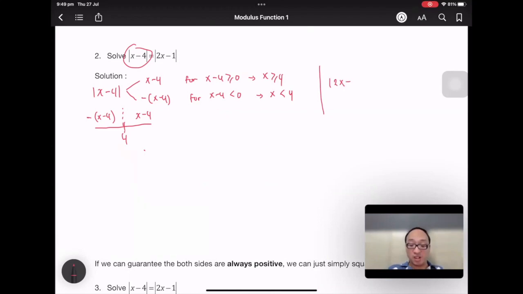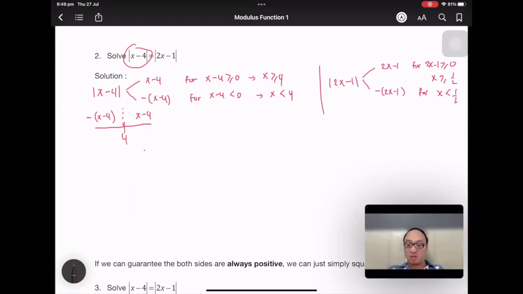So 2x minus 1 can be positive for 2x minus 1 greater than or equal to 0, or x greater than or equal to 1 over 2, and it is negative 2x minus 1 for the opposite.